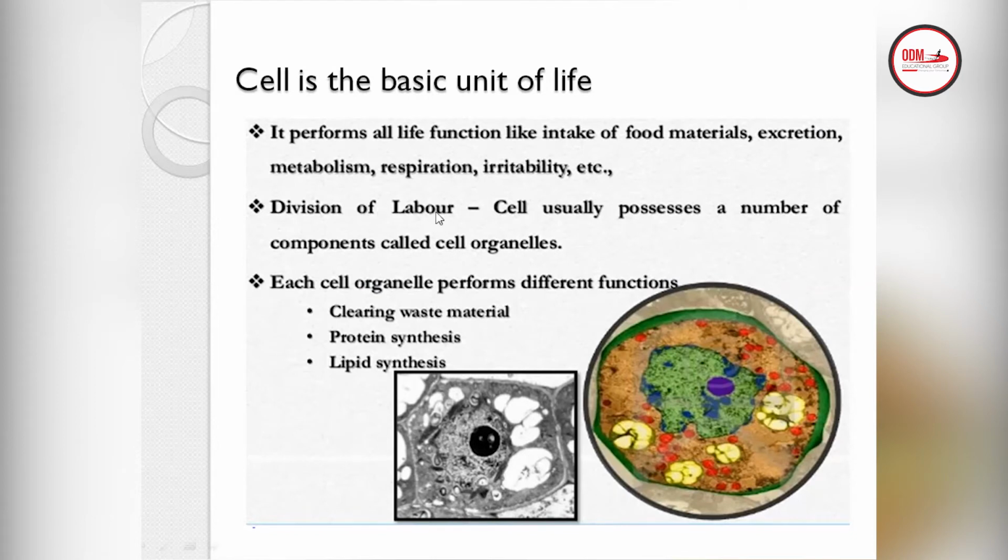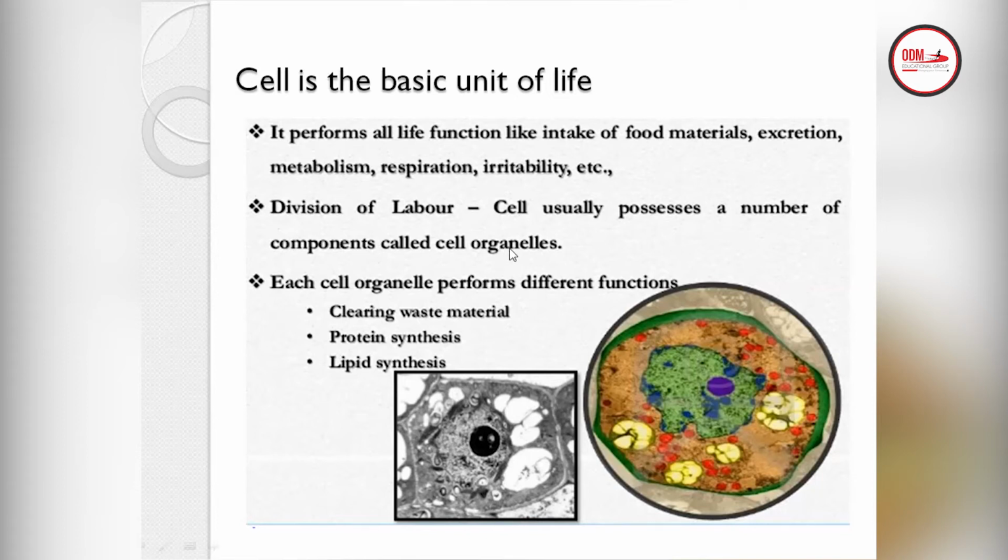Now, you can see that in each and every single cell, division of labor occurs. That means the functional aspects are divided between the organelles. Like the mitochondria, they are the powerhouse of the cell. They generate energy in the form of ATP, and this energy is used by the cell for performing all its activities.